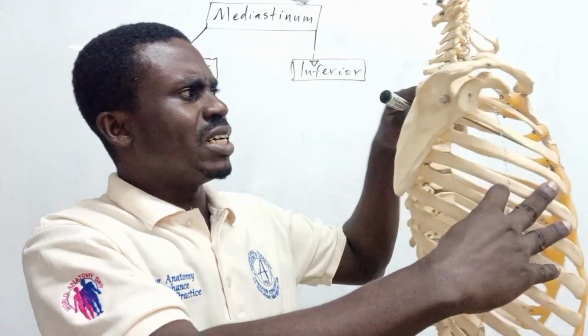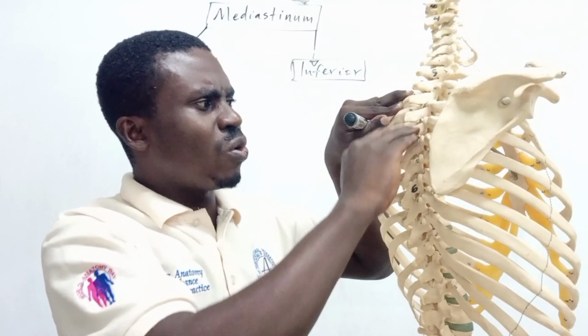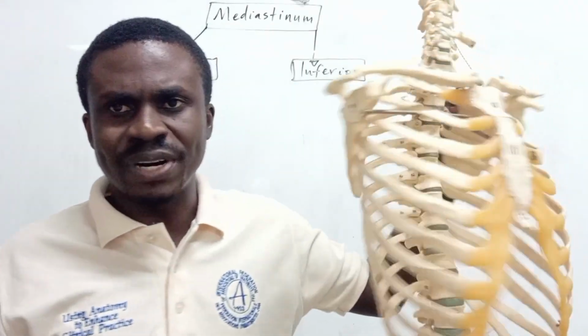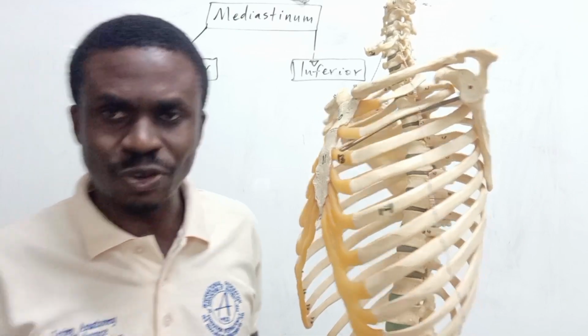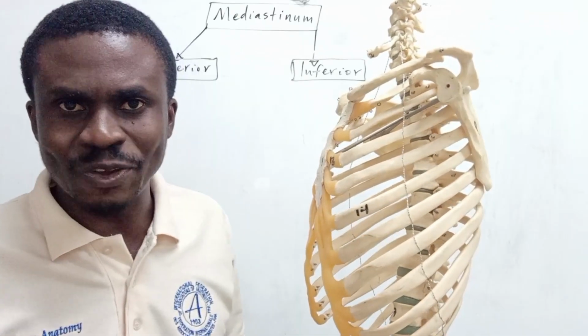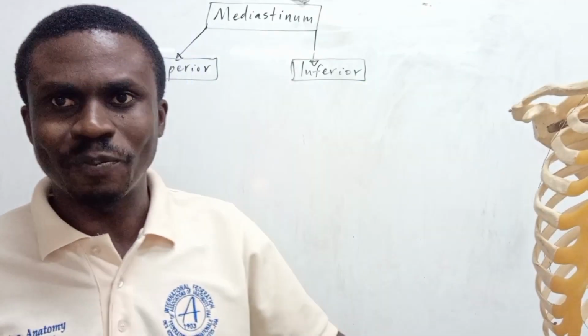Now, how about the posterior aspect? Remember, I told you that this imaginary line is going to the level of the lower border of T4. That's the T4, T5 vertebral level. And that is why posteriorly it will be related to, of course, the T1 all the way to T4 vertebral level. And medially, we've mentioned it already, that is your mediastinal pleura.